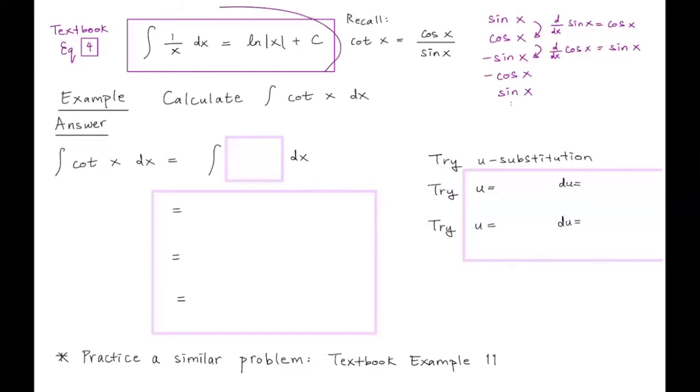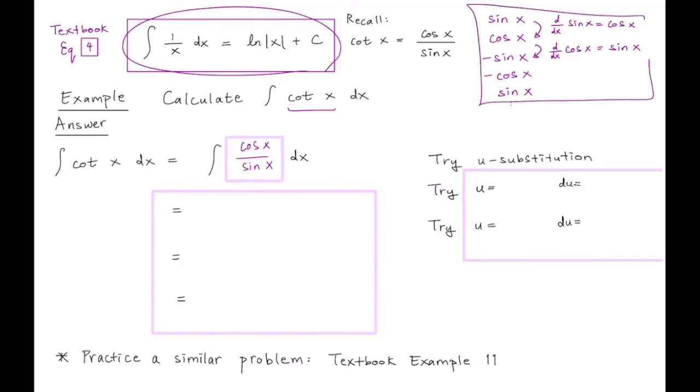Now let's use what we just learned to compute a different integral. Here I want to calculate the integral of cotangent. And I know that cotangent is cosine of x over sine of x. So this is nicer to work with because I know the derivatives for cosine and sine.